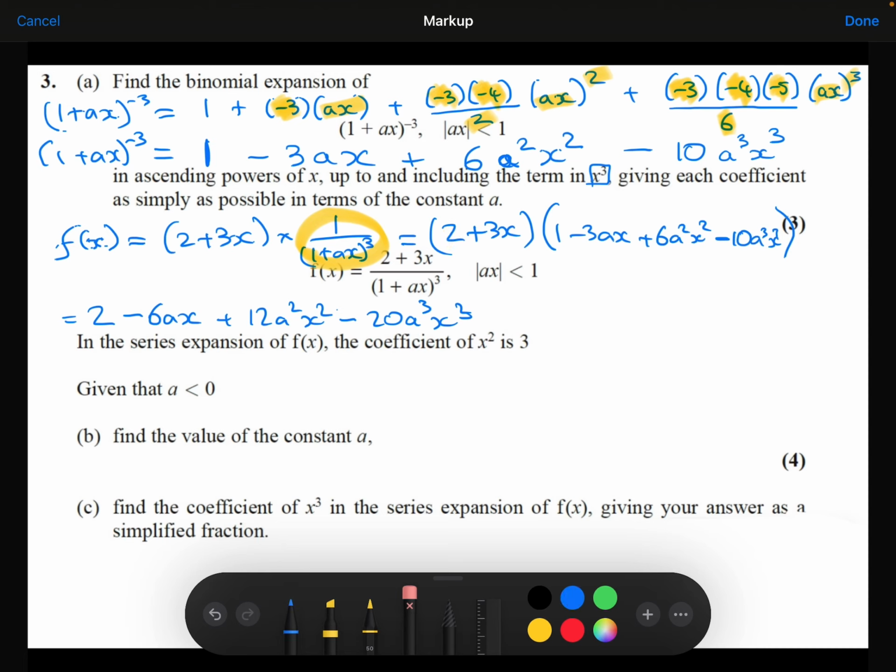Now let's multiply everything by this 3x. So 3x times the 1. 3x times the minus 3ax. So that's going to give a minus 9ax squared.